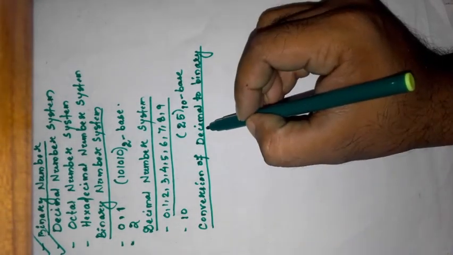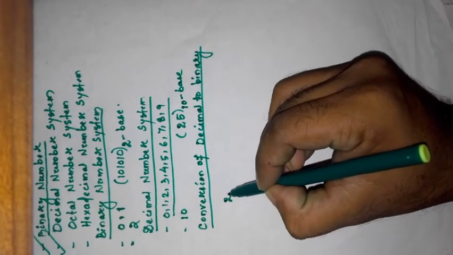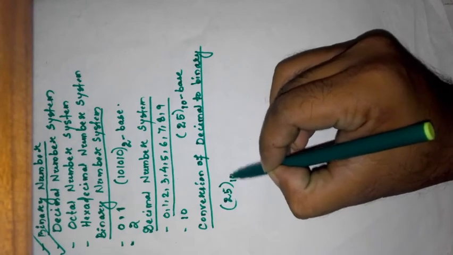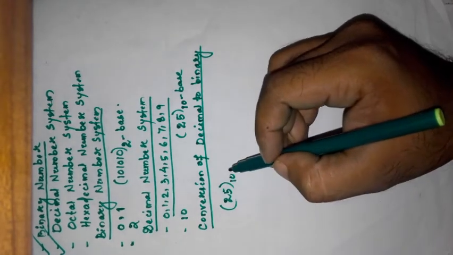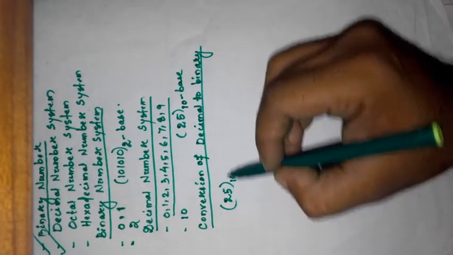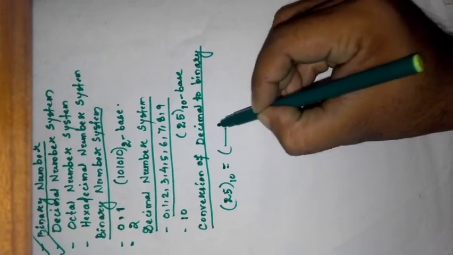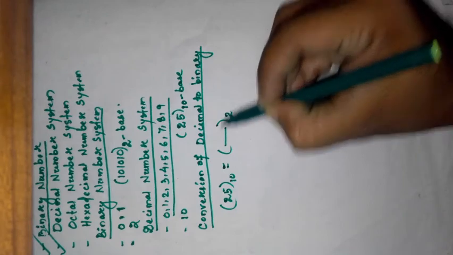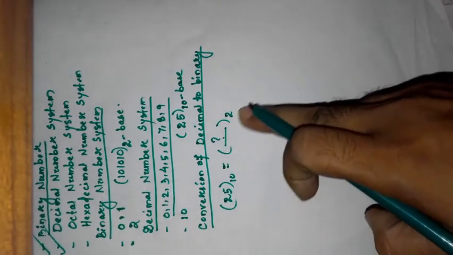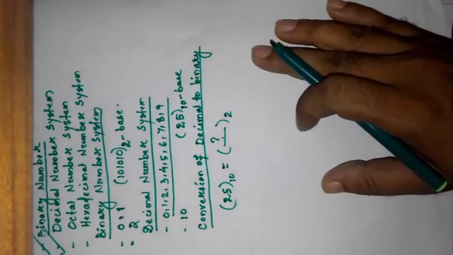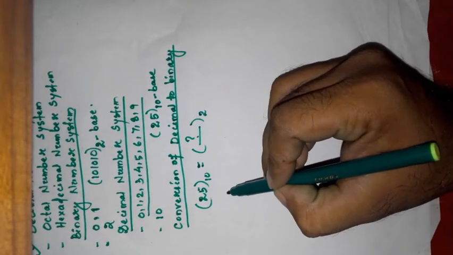Suppose a decimal number is 25. If I ask you what is the binary form of decimal 25, let us see how I do it.